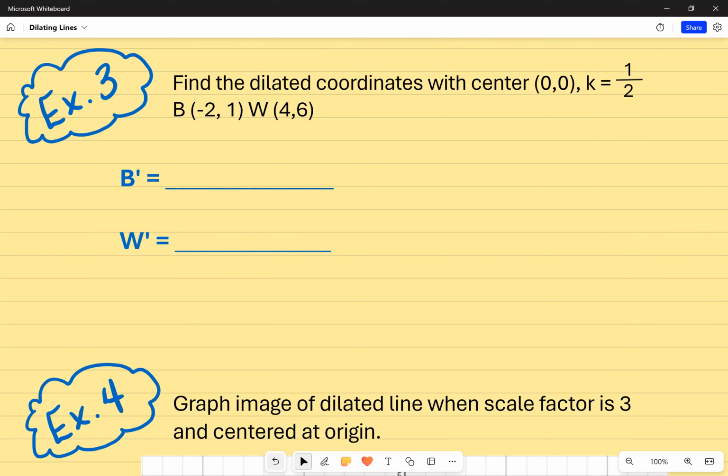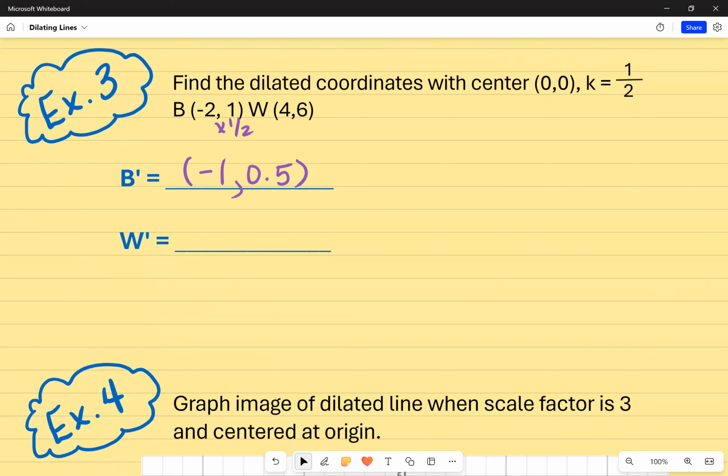So for B prime, I'm going to take 1/2 of both X and Y. If I take 1/2 of -2, that's going to leave me with -1. And if I take 1/2 of 1, that's 1/2, or as a decimal, 0.5.